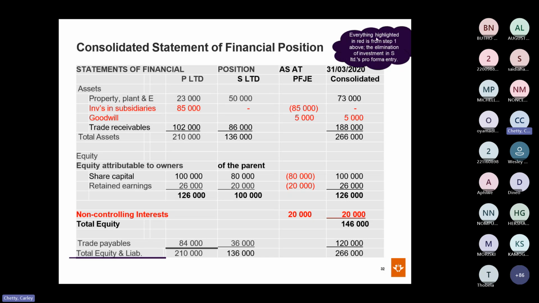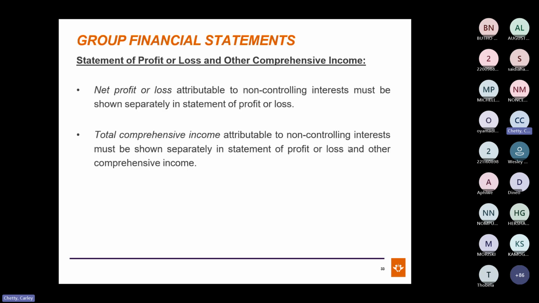And remember, everything highlighted in red is from step 1, which was the pro forma journal entries. Okay, so again, this is the consolidated statement of financial position. Now we need to have a look at the statement of profit or loss and other comprehensive income. Net profit or loss attributable to the non-controlling interest must be shown separately in the statement of profit or loss.